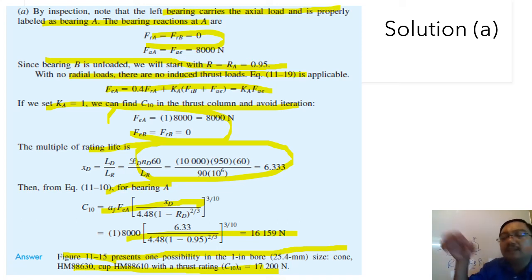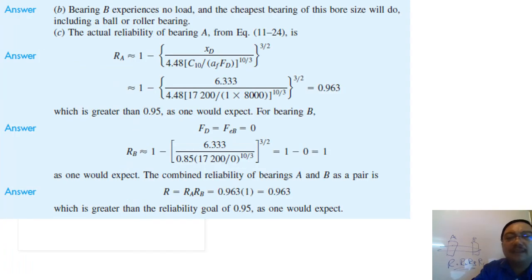The spec is in the table. And then bearing B: no load. Remember in this question it said that there are two bearings, one has more load, one has lower load. Exactly, B has no load.